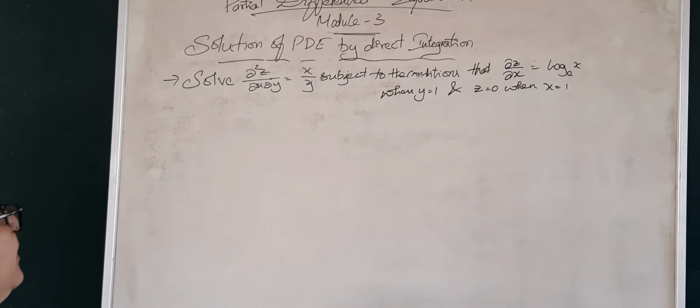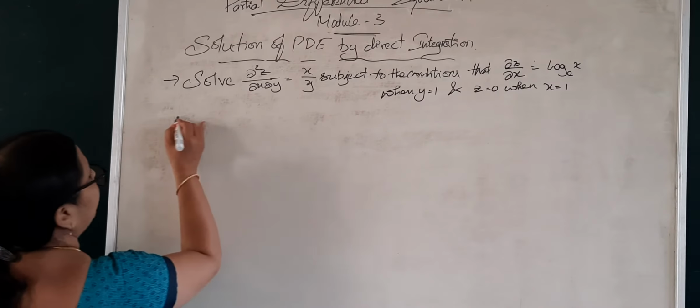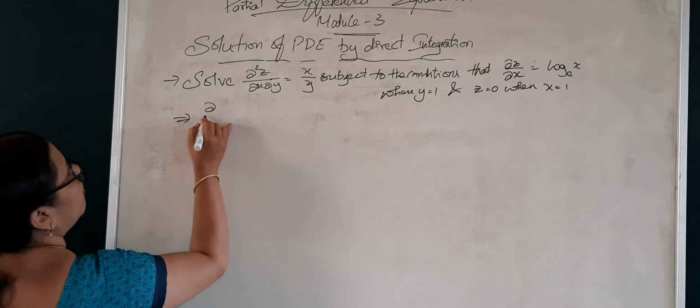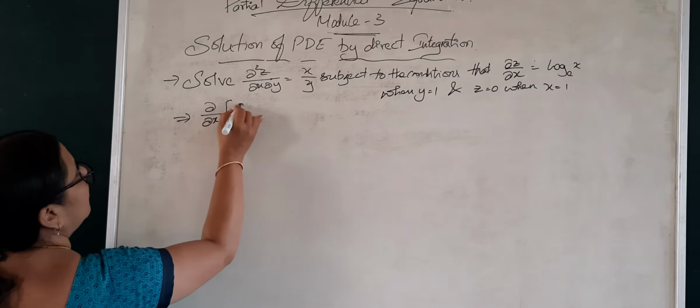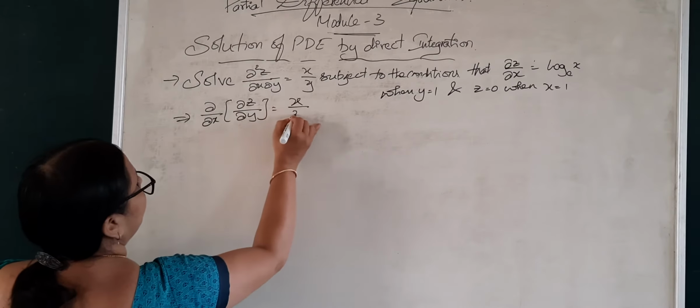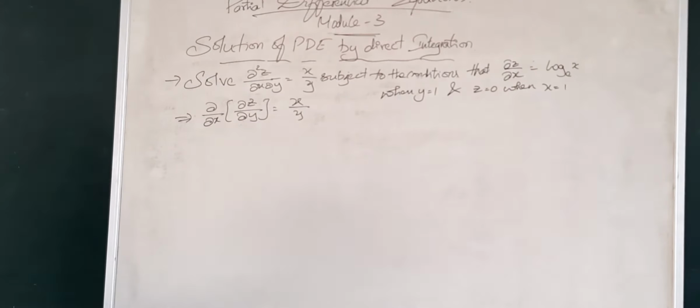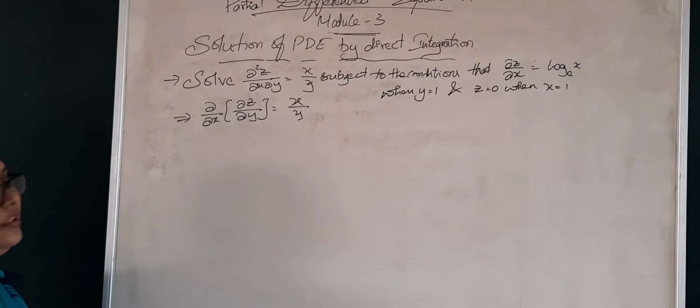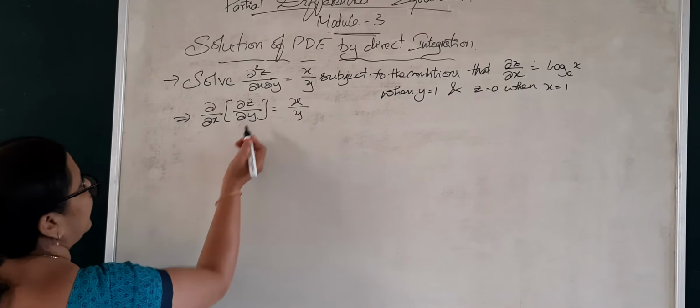Same method we can apply here. So consider the given equation, dou by dou x of dou z by dou y is equal to x by y. Here also we have to integrate twice because it's a second order differentiation, but not with respect to the same variable. Instead, you should apply to both the variables, once with respect to x and second time with respect to y.